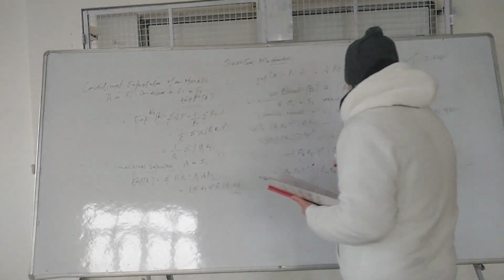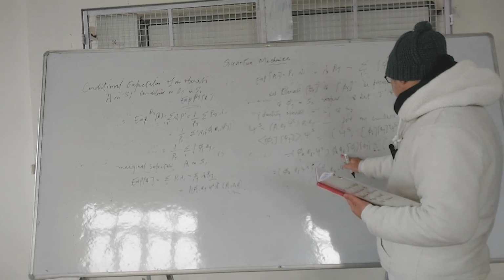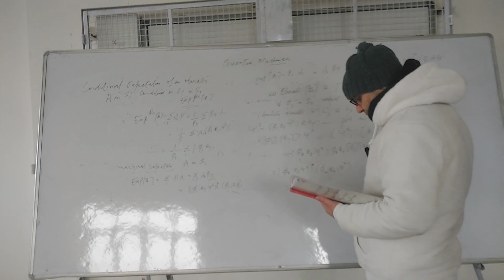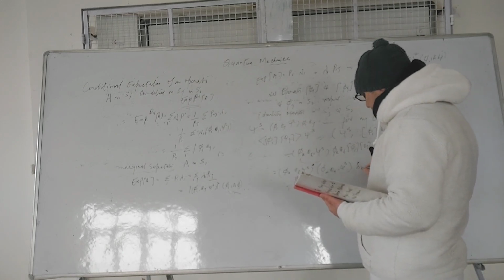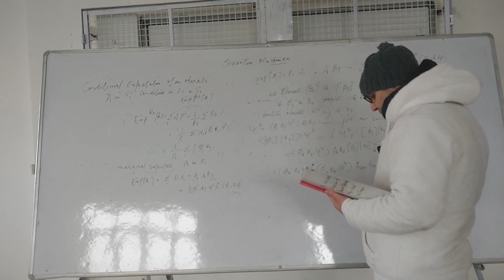Since they are orthonormal sets, you can have delta theta m, theta n, jk. So you can have it like this: delta km, delta ln, delta im, and delta jn.